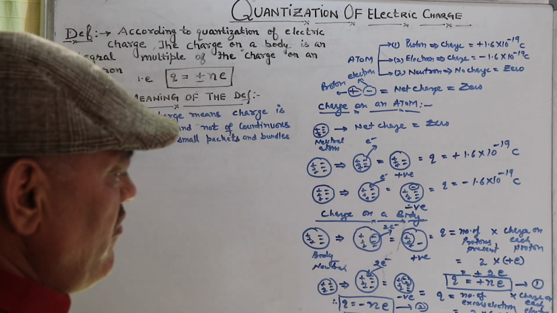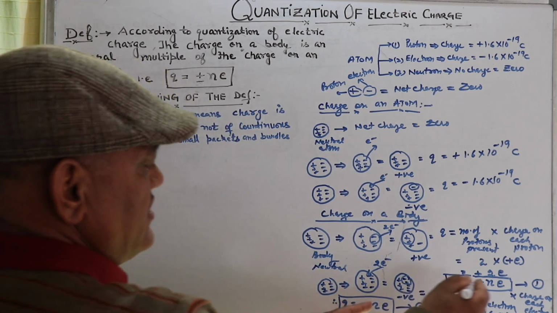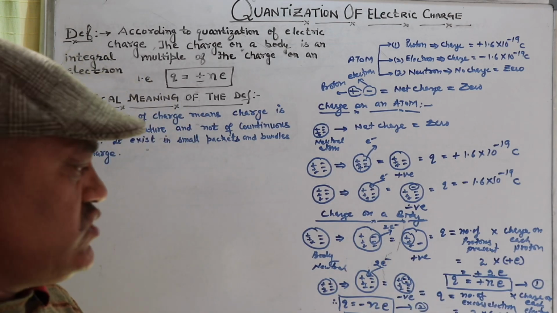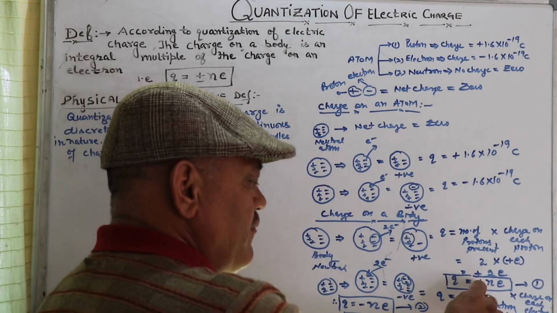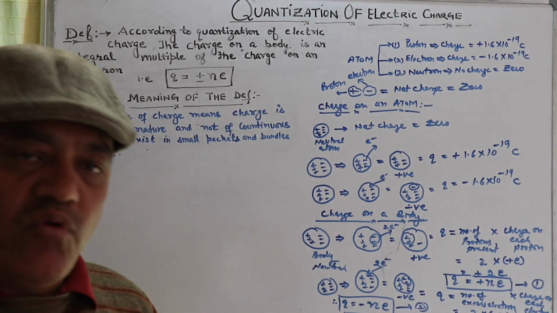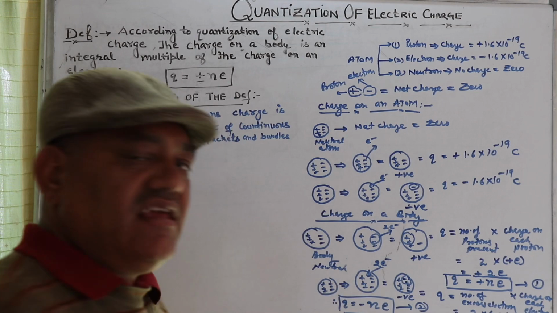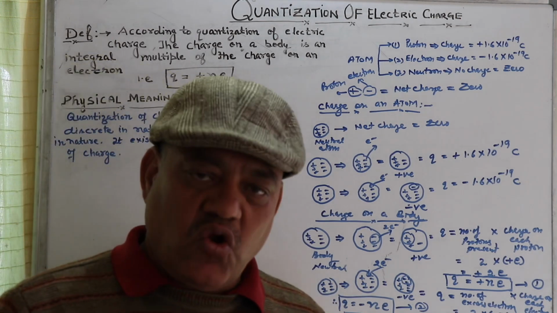Now from these two equations, equation 1 and 2, plus e is the charge on a proton and minus e is the charge on an electron.